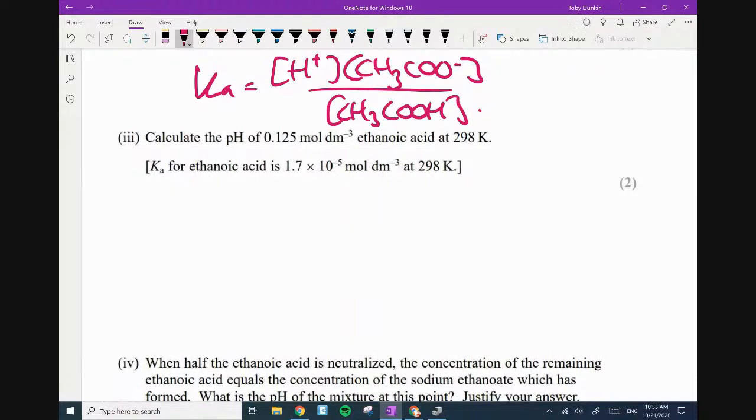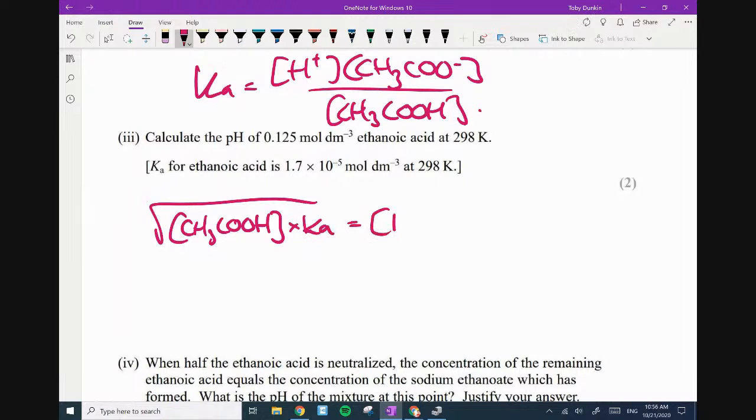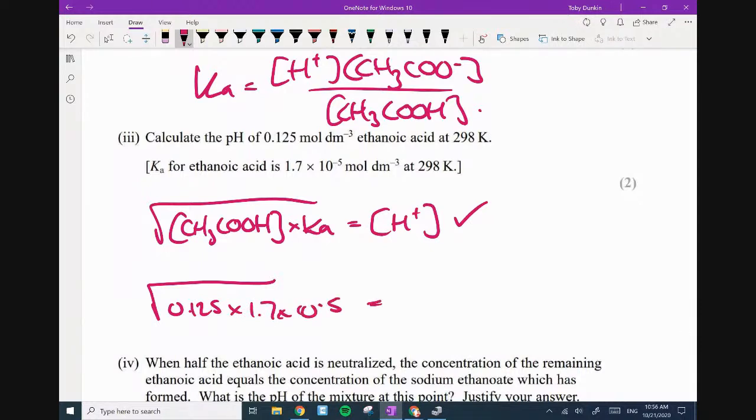Next, calculate the pH of the ethanoic acid. So I'm just going to rearrange straight away. Root the concentration of the original acid multiplied by the Ka value. I'm going to put Ka because they're going to want that. Gives me H plus. That's 1 mark for the rearrangement. Input my numbers. So root 0.125 multiplied by 1.7 times 10 to the minus 5. Final answer.